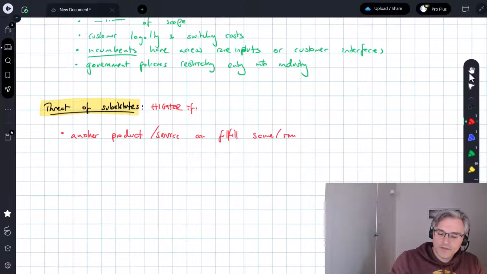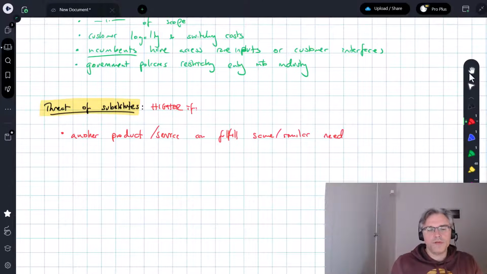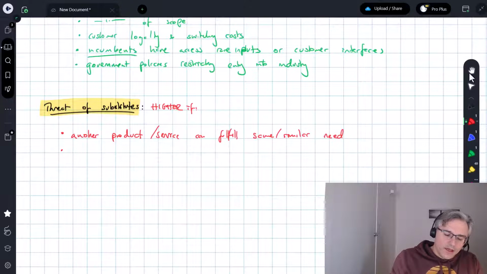Now that may sometimes be very difficult to spot, but the COVID pandemic showed us that video conferencing is quite a good substitute for face-to-face meetings, business travel, but also, for example, face-to-face training in a classroom that can now be done quite easily and is being done online. Okay, what else?